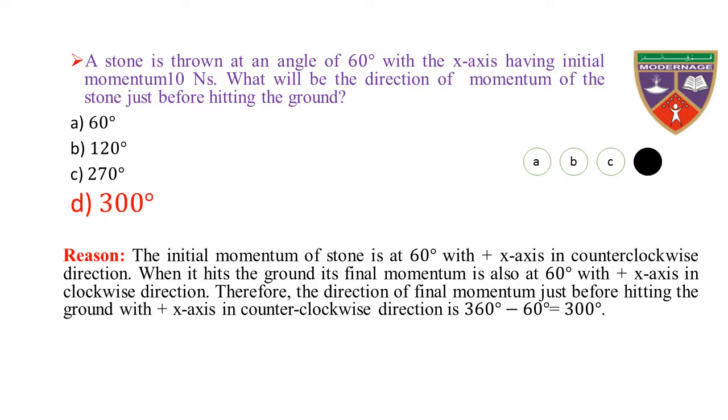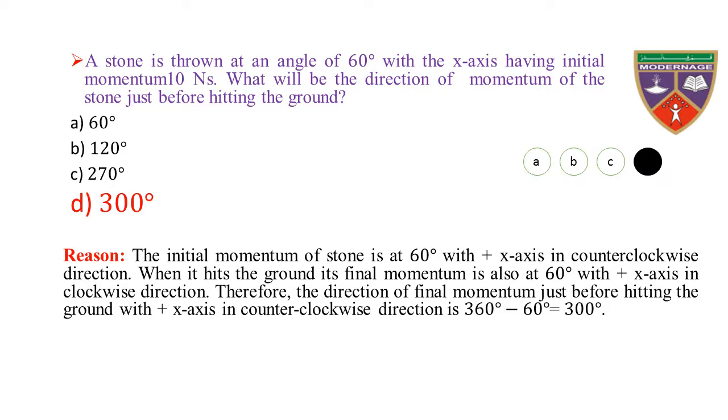Reason: the initial momentum of stone is at 60 degree with the positive x-axis in counterclockwise direction. When it hits the ground, its final momentum is also at 60 degree with positive x-axis in clockwise direction.